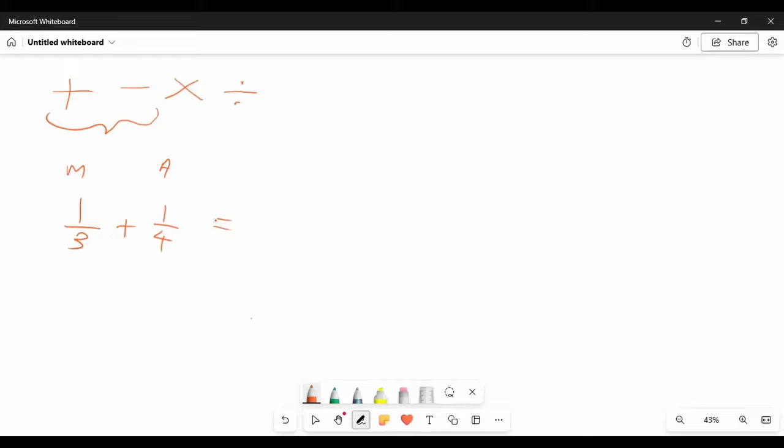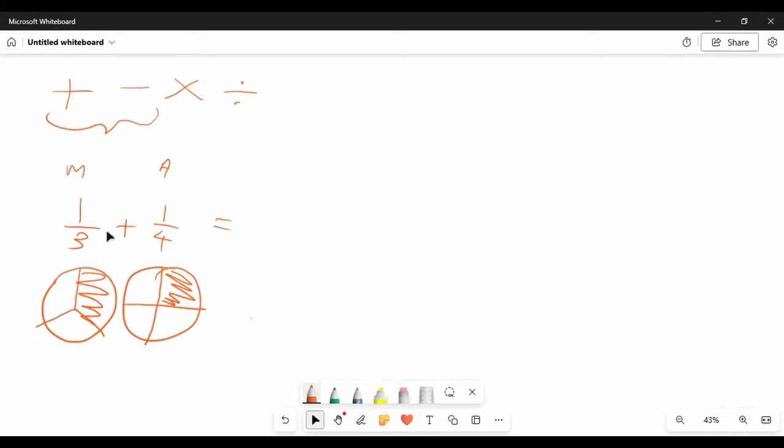Now, the point here is one third means, from the whole pizza, you're going to cut it into 3 and take 1. 1/4 means the same pizza, you're going to cut this time into 4 pieces and you have 1 here.